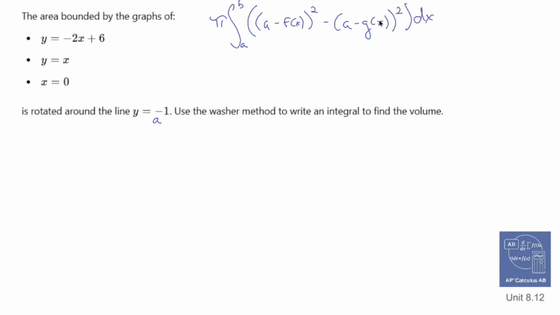Okay, so I'm going to allow f of x to be my upper equation, g of x to be my lower equation, and I'm going to let a be negative 1.